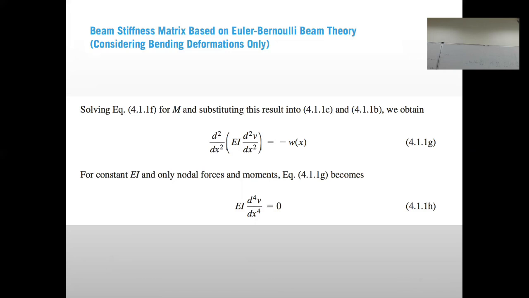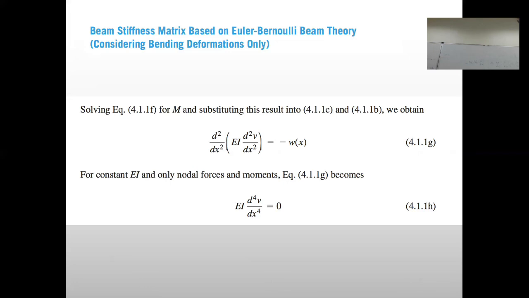There you have 2 constants to evaluate: U equals A1 plus A2 x, and you evaluate A1 and A2 from the boundary conditions. Now, here V will be a function of A1 plus A2 times x plus A3 times x squared plus A4 times x cubed. Shall I continue? No, I stop here.